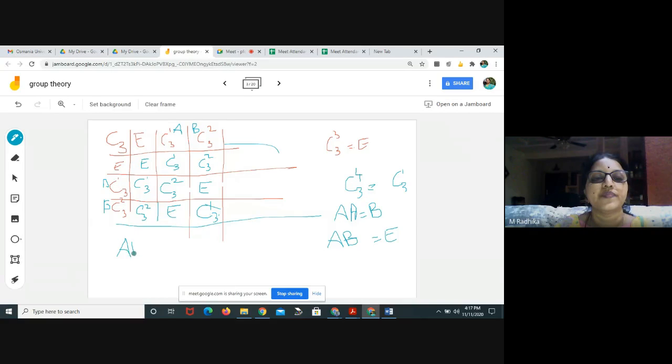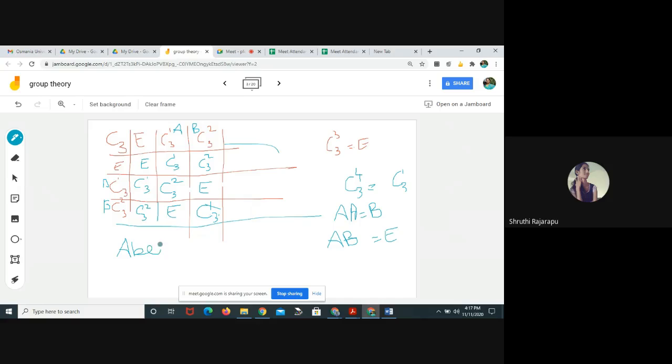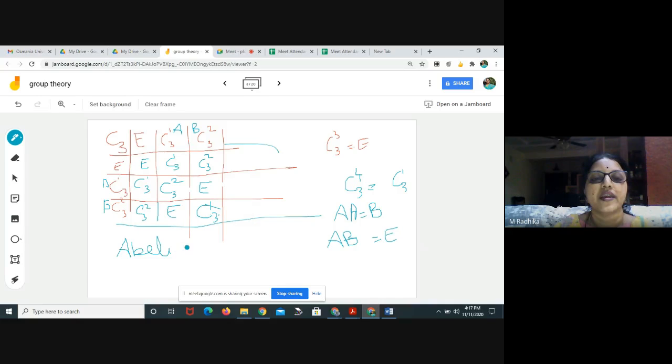What do you call them? Abelian. That is, if I do A into B or B into A, I get the same answer. It may not be the identity. If I get the same product, it is commutative. This you have to remember. These are the abelian groups.